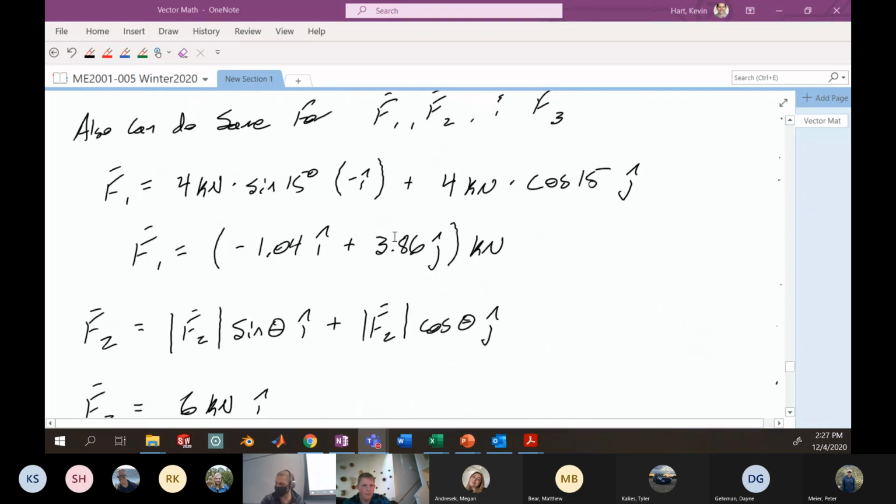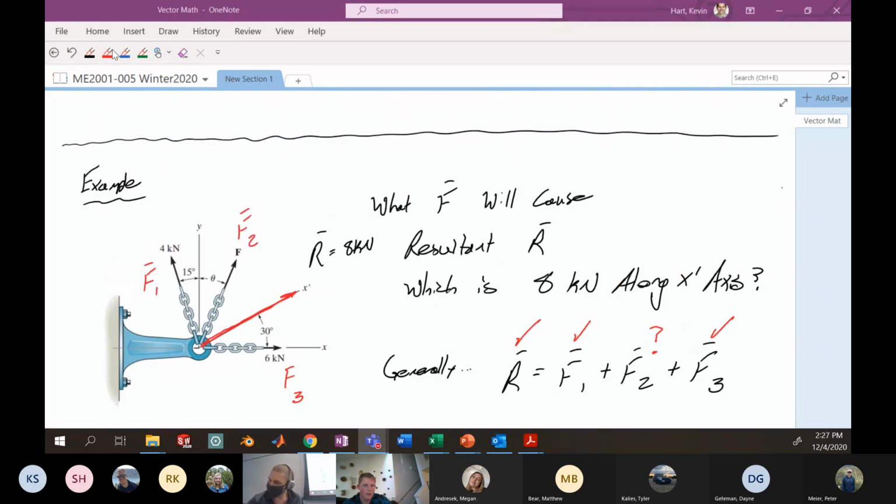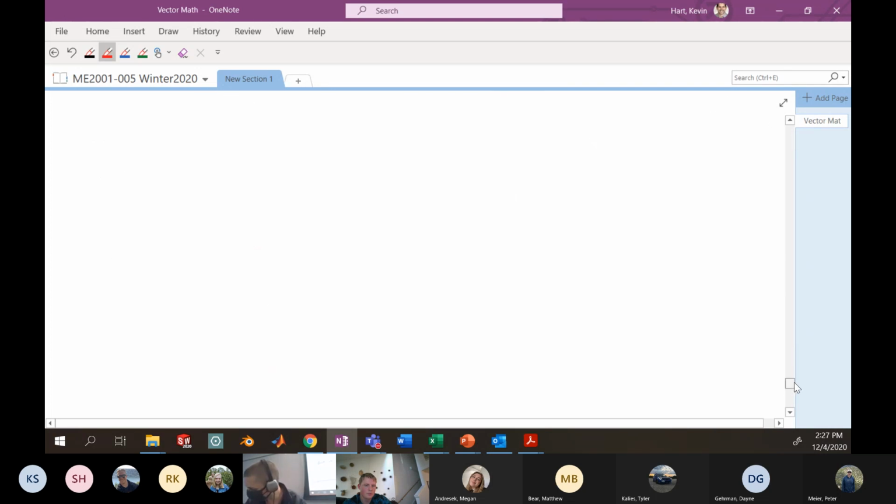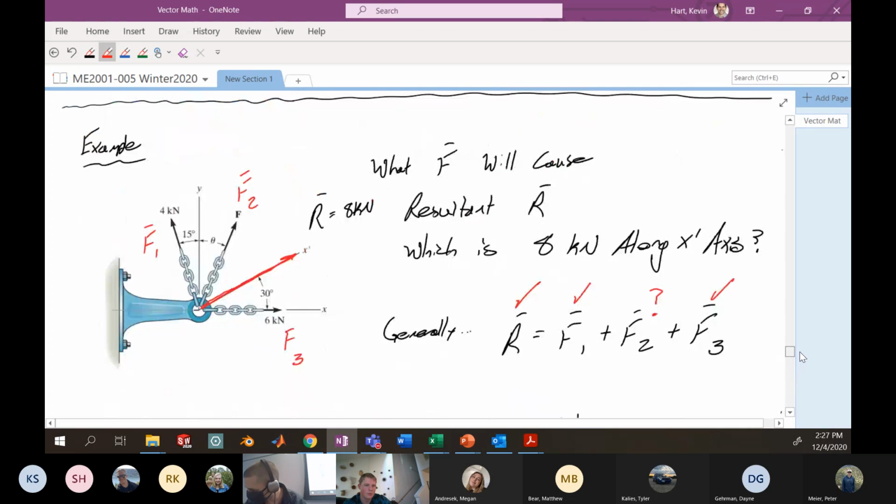Well, that comes back to the picture here. So the angle theta that was given in the problem is this angle theta here. And so if I'm trying to resolve the force F2 into the x direction, I'm going to do that with the sine of that angle theta.